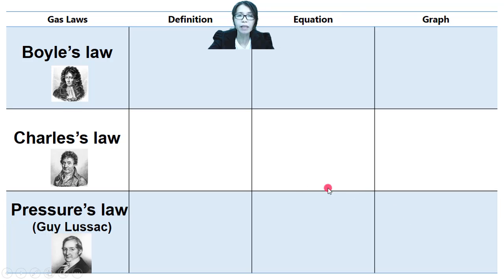So basically we know that we have three gas laws. First one, Boyle's law. Second one, Charles' law. And the third one is the pressure law, Gay-Lussac's law. According to Boyle's law, for a fixed mass of gas at constant temperature, you will find that the pressure is inversely proportional to the volume of the gas.